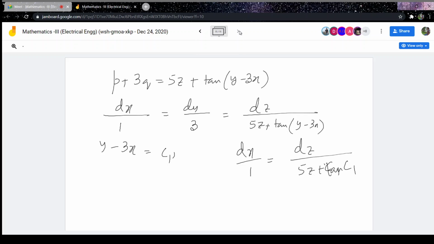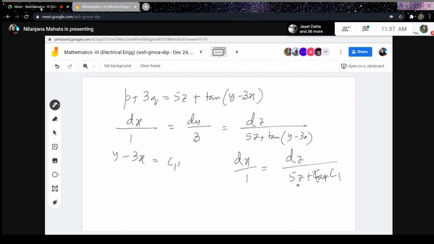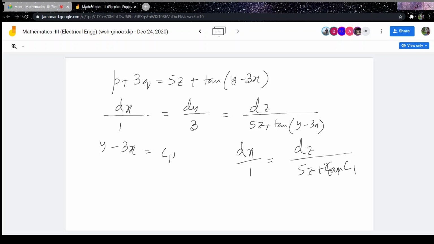First you integrate this and equate. This will be z plus tan c. Basically tan c means this will be constant.